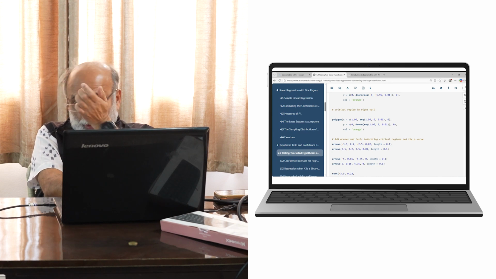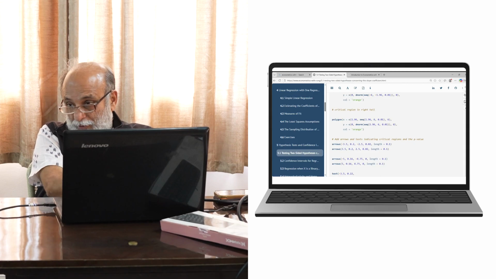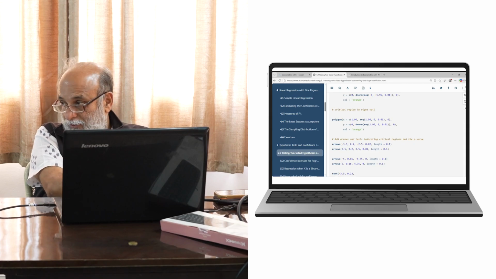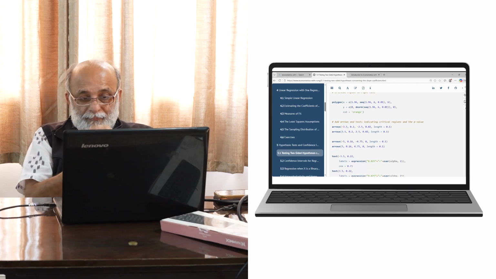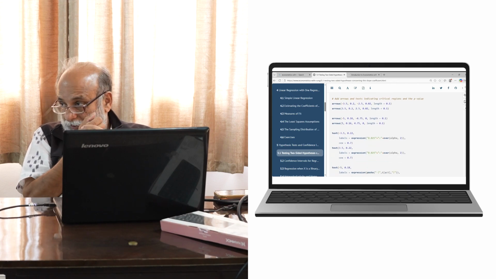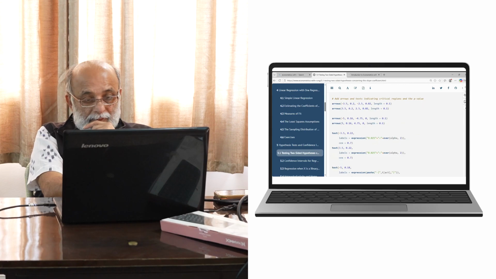This is standard plot functions in R. This is not ggplot. Basic plot. Then you can add arrows also, and you can add an expression.